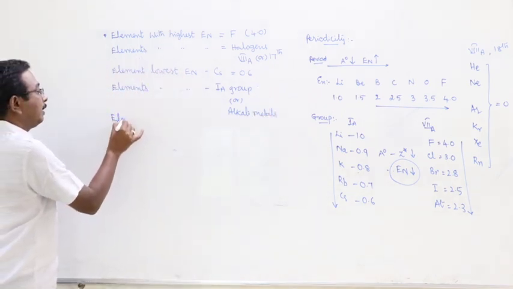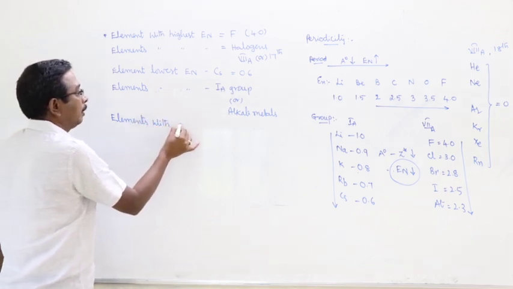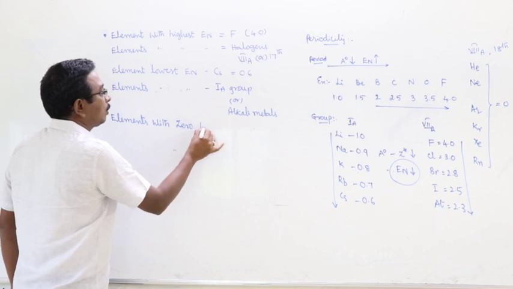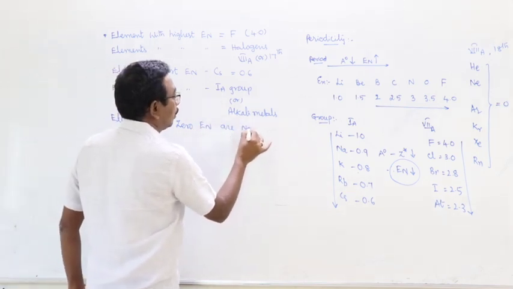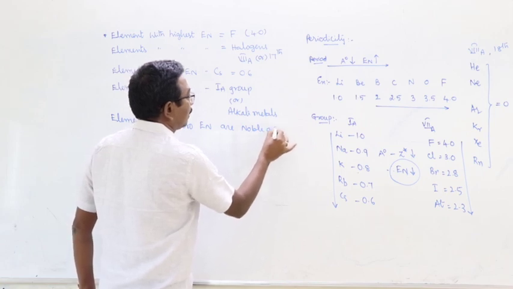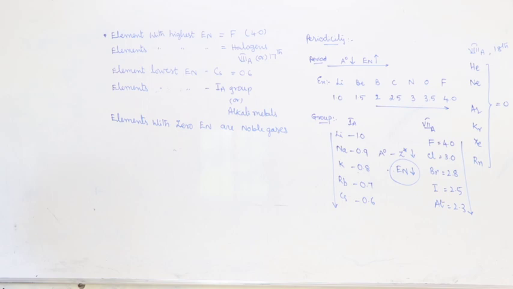Elements with zero electronegativity are noble gases or inert gases or 8th A group elements. Okay, these are the important points that are related to electronegativity.